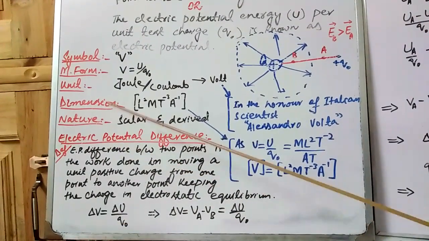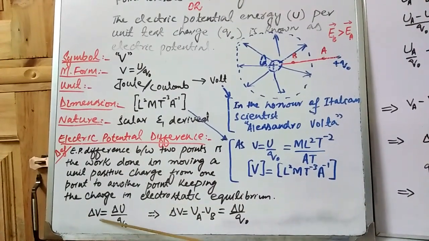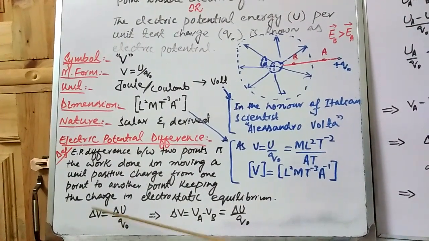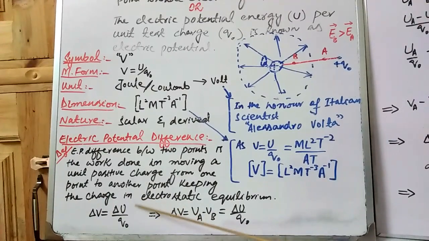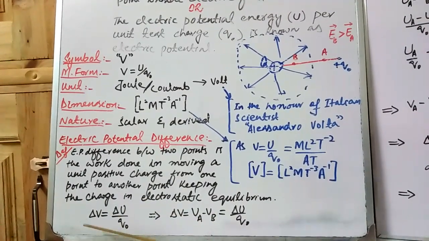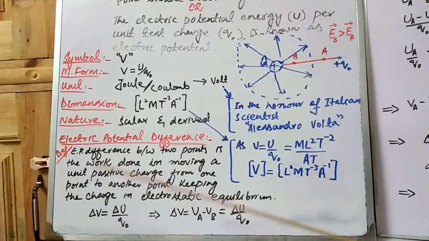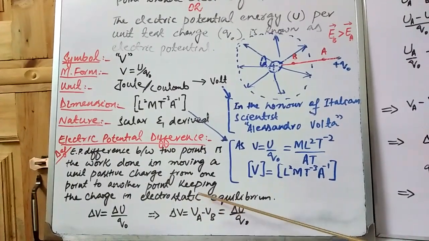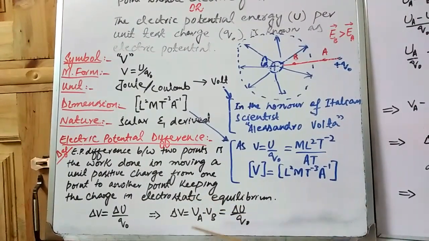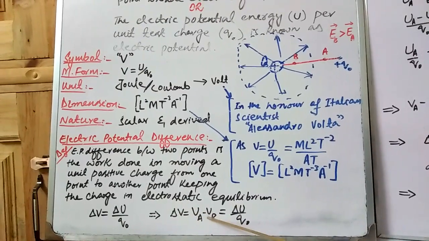Mathematically, electric potential difference can be written as delta V equals delta U over Q naught. Here, delta V equals electric potential at point A minus electric potential at point B.